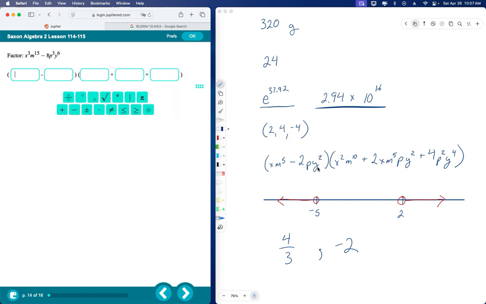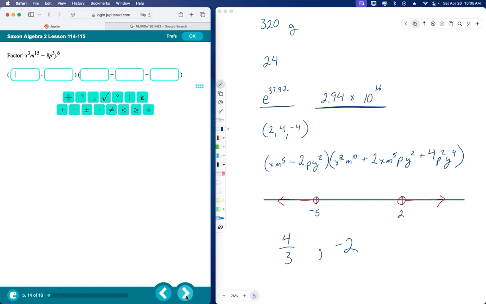Factoring in the second form, you've got x m to the 5th minus 2 p y squared in the first binomial here, and then the other 3 terms are written here: x squared, that's a 2, m to the 10th plus 2x m to the 5th p y squared plus 4 p squared y to the 4th. And this is the order in which it is written in the answer key, so you don't have to worry about alphabetical order or anything like that.